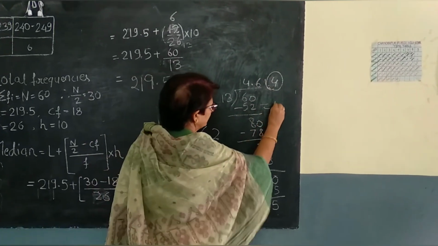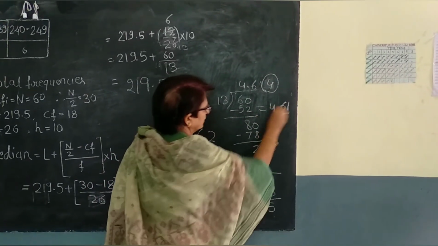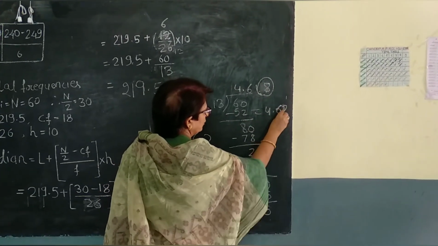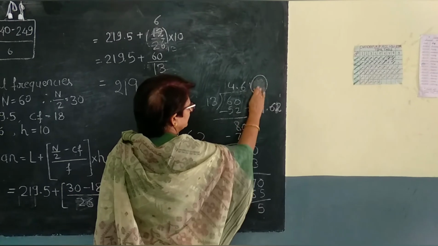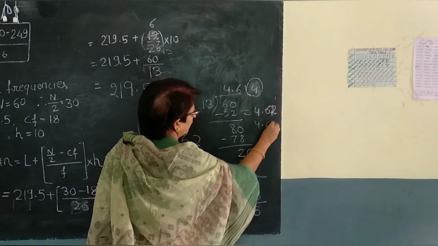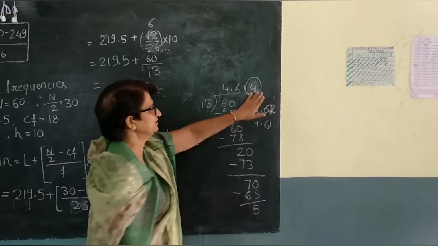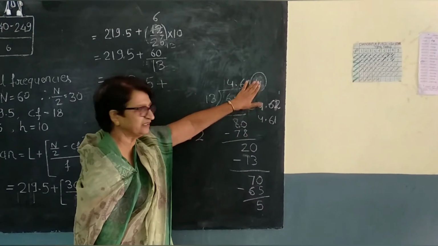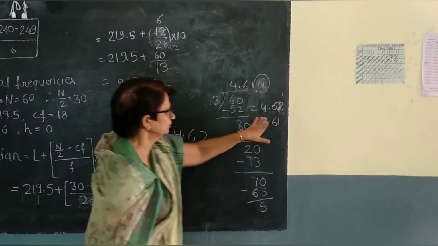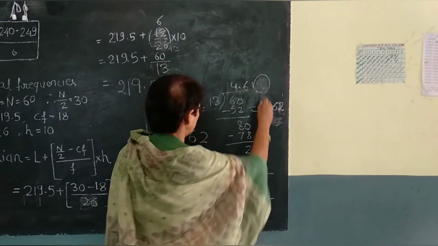The answer would have been 4.61. If it is 8, then also it will become 4.62. If it is 4, it will be 4.61. But as soon as we write 5, 6, then we have to add one to the previous number.